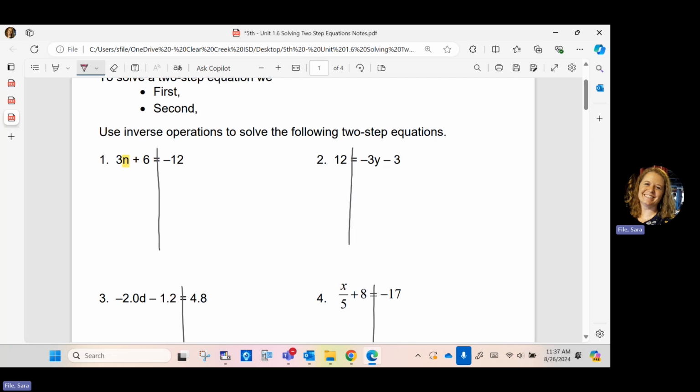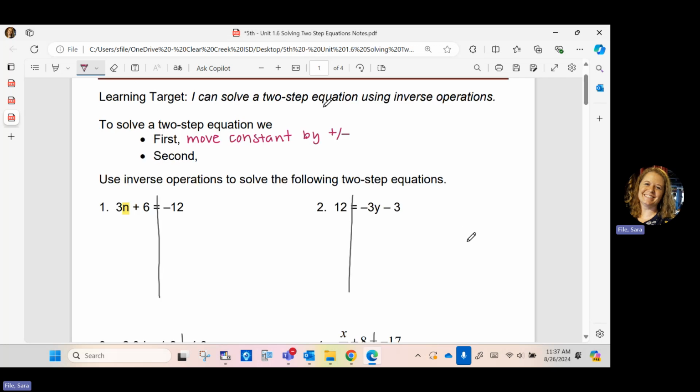Okay, so when we look at this, we are going to first move the constant by adding or subtracting. Okay, so it's going to be by addition or subtraction that we move that constant to the other side.